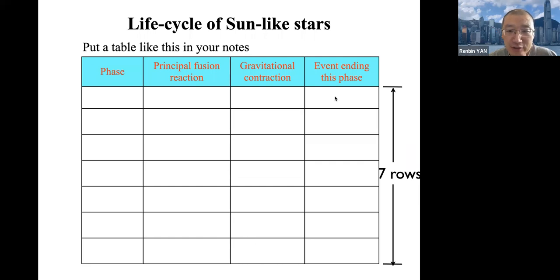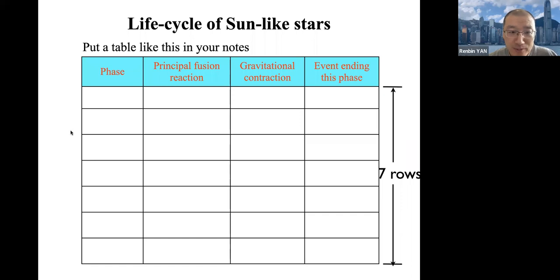In each of these phases, we'll talk about the principal fusion reaction, whether it has gravitational contraction or not, and what kind of event indicates the end of that phase. If you're taking notes, you should put a table like this in your notes. But anyway, I will share the slides so you can copy the table later or refer to the slides.